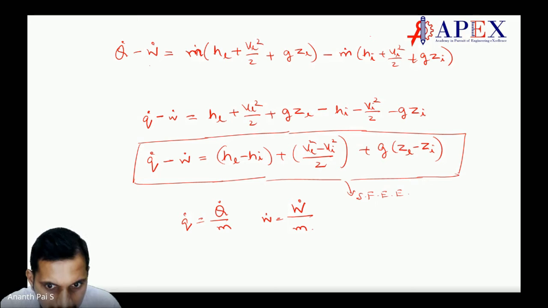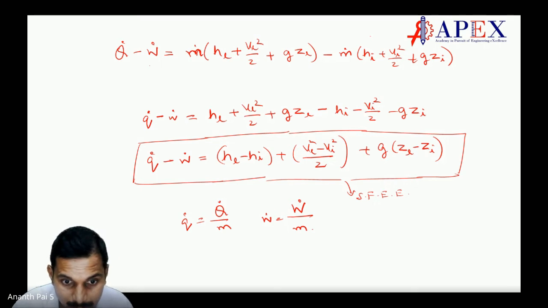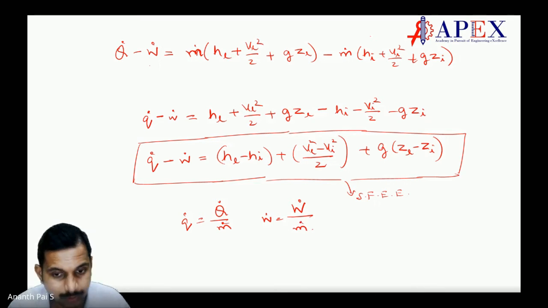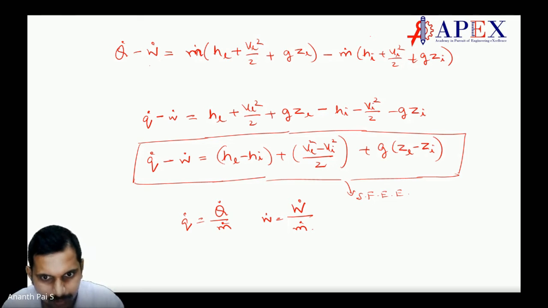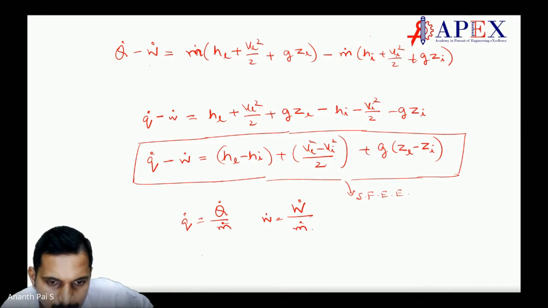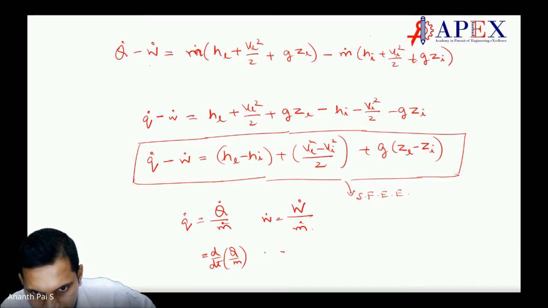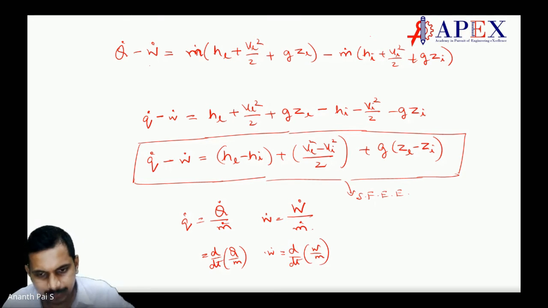Or we can also say this is d by dt of Q by m. We can also say W dot is equal to d by dt of W by m. This way we can say that.